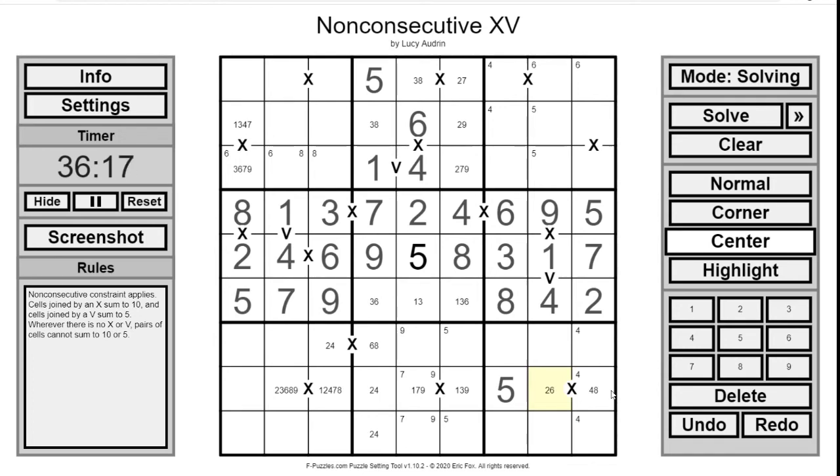Here's something with 2s though. 2 is restricted from all of these squares. So 2 is in one of those squares. Don't know if that means enough.